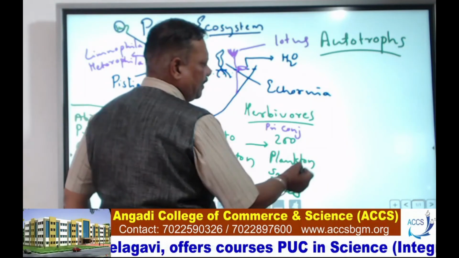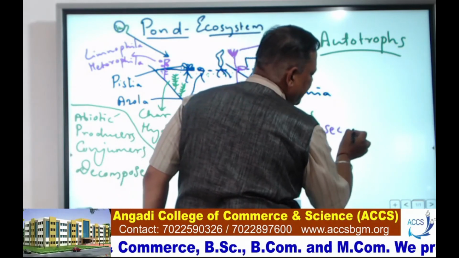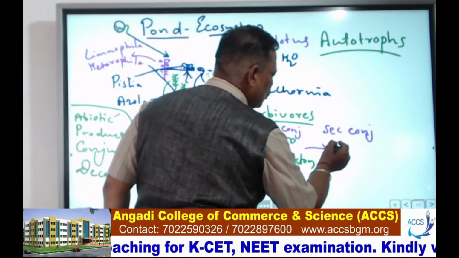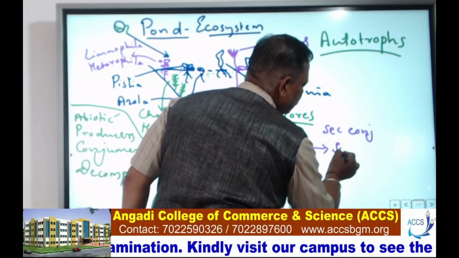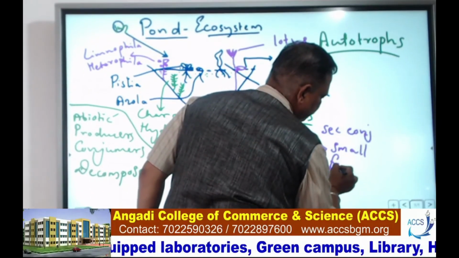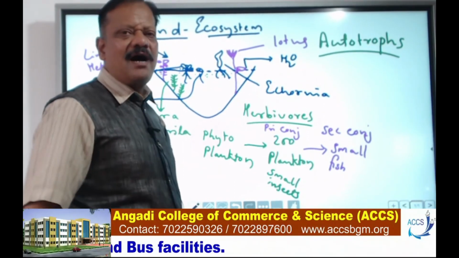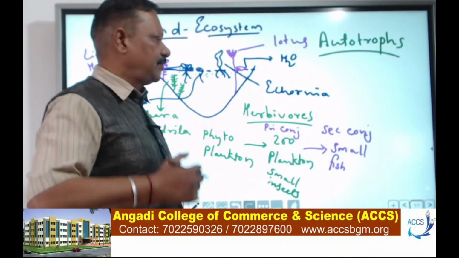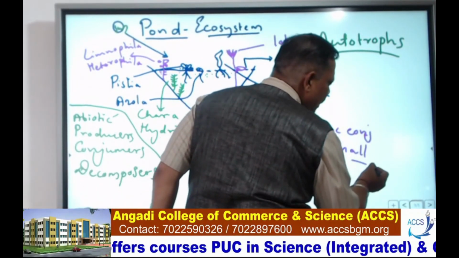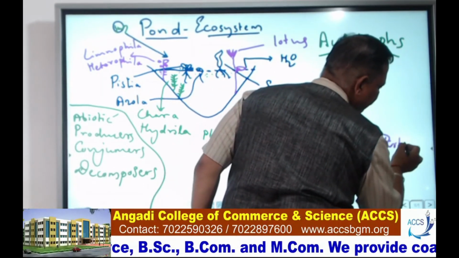Then in the next step, it goes to secondary consumers. In secondary consumers, we are including small fishes, fish larvae and tadpoles, and so on. So they are becoming secondary consumers. Then comes the tertiary consumer.